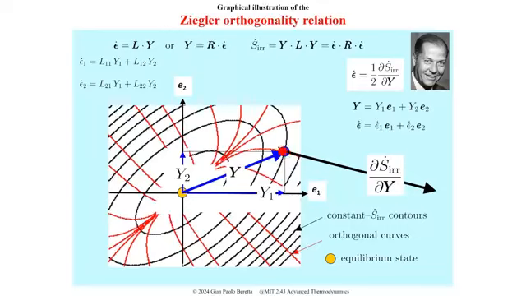I plot it here, so it's orthogonal to the curve for which it is the gradient. Okay. Now, what the Ziegler orthogonality relation says is that I take this vector, which is the gradient, take half of it, and that gives me the right vector. The epsilon dot is the right vector. It's just a half of the red is a half of the black.